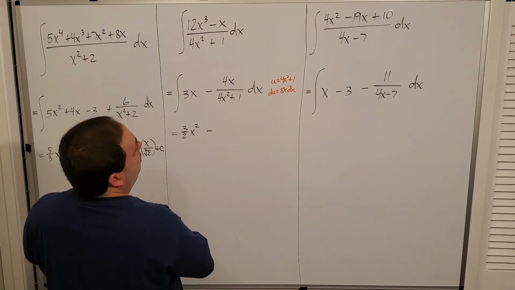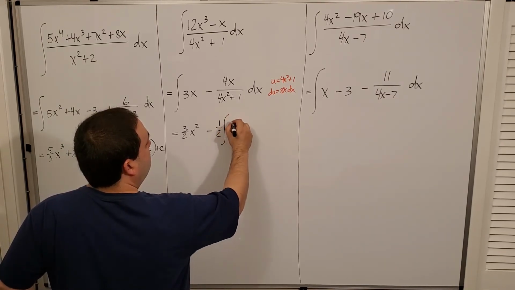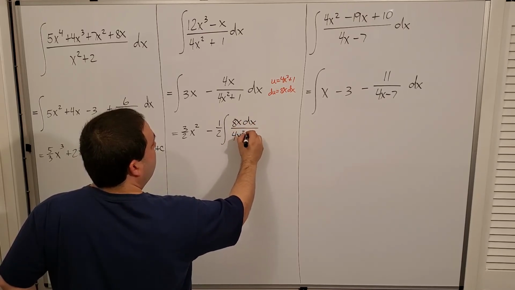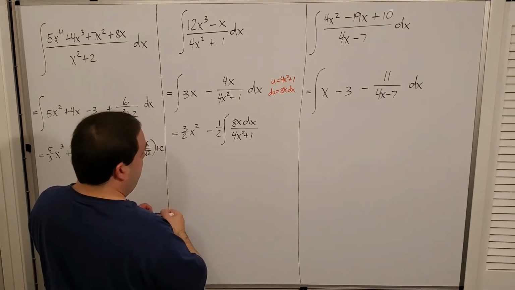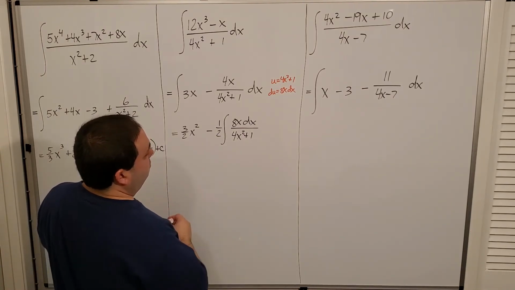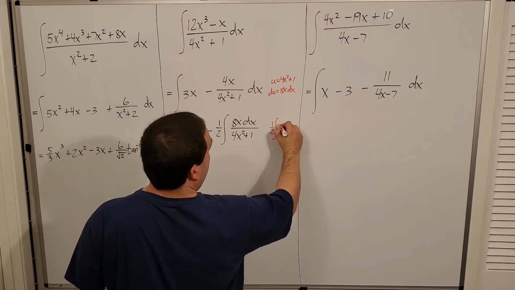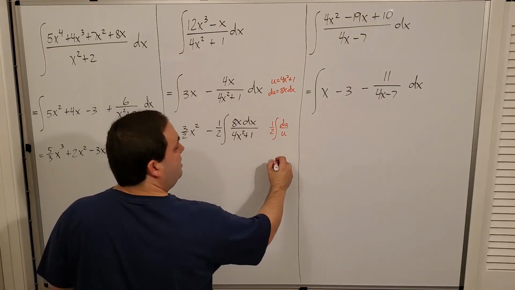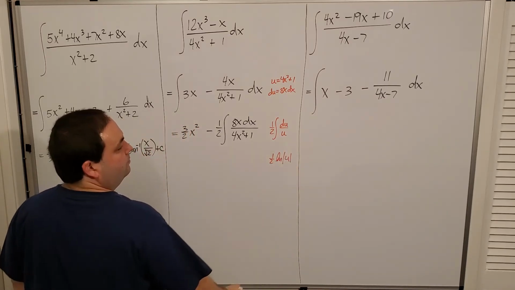So to make that work, I'm going to do times 1/2 integral 8x dx over 4x squared plus 1, which I hope you'll notice is just 1/2 the integral of du over u, which is going to give me 1/2 of the ln of the absolute value of u.